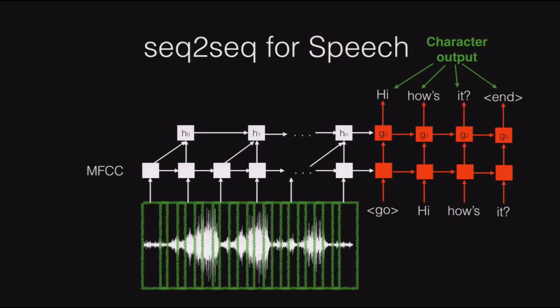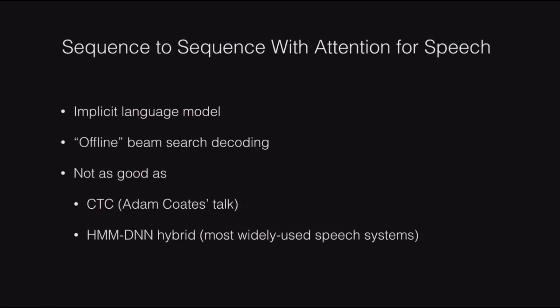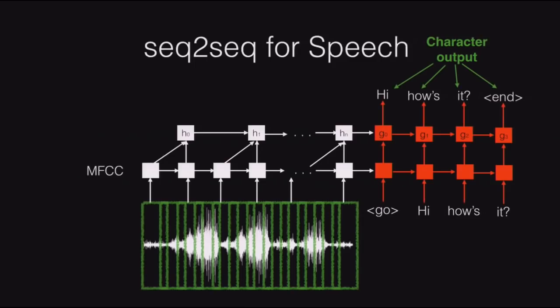CTC. Now, I have to say that the strength of this algorithm is that it actually has an implicit language model in the output. So when I have the word how, it's actually conditioned on hi and stuff before, right? And including the input. So there's an implicit language model already.